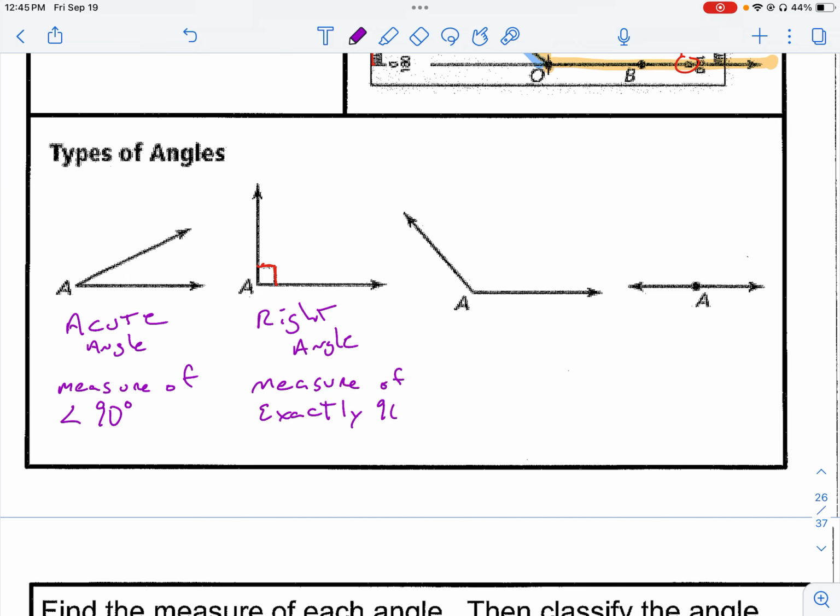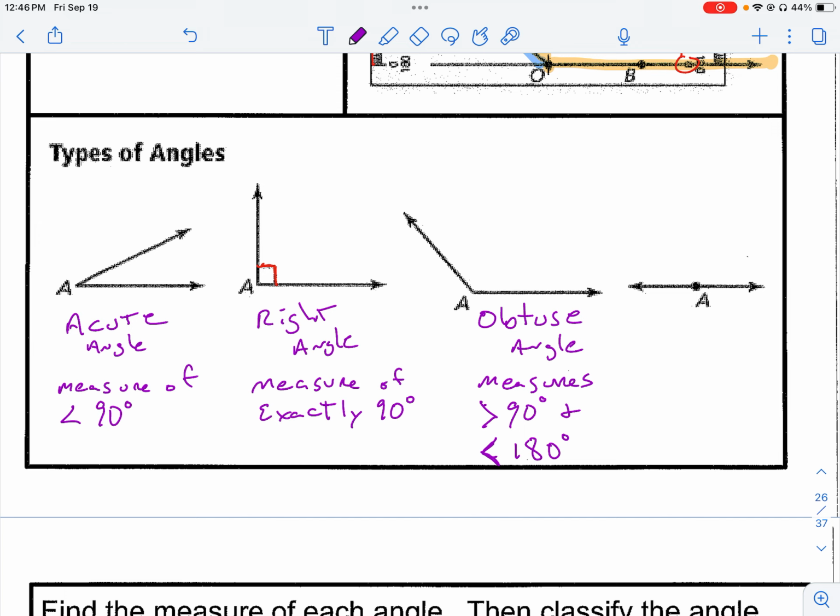Next one is obtuse. An obtuse angle measures greater than 90 degrees and less than 180 degrees, so somewhere between 90 and 180.